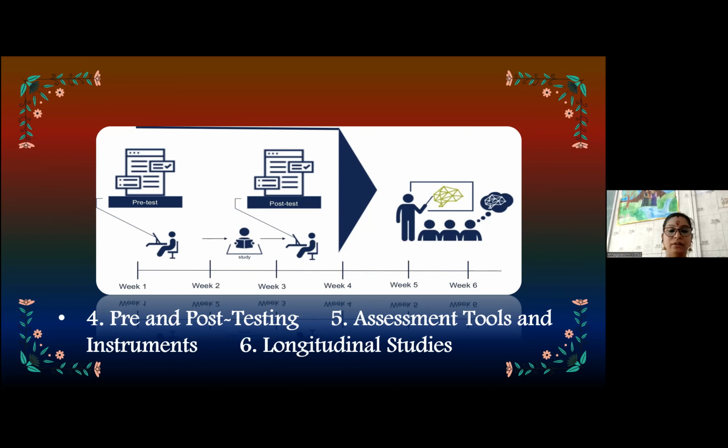Similarly, to measure the effectiveness of LMS, the researcher should conduct pre and post tests to assess language proficiency. Before the treatment, the proficiency level of the samples was the same. These tests, the pre-test and post-test, should be well structured and aligned with the research objectives.